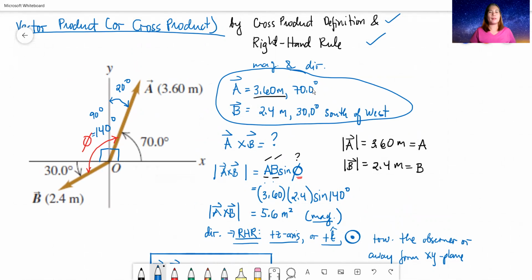That's just it. But if vectors A and B are given in unit vectors or components, then there's another easier method to determine the cross product, and I'll discuss that in another video.